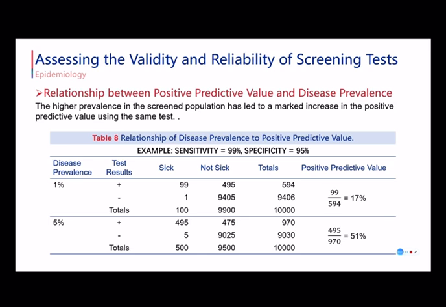Let us now apply the same test with the same sensitivity and specificity to a population with a higher disease prevalence, 5%, as seen in the lower part of Table 8. Using calculations similar to those used in the upper part of the table, the positive predictive value is now 51%. Thus, the higher prevalence in the screened population has led to a marked increase in the positive predictive value using the same test.